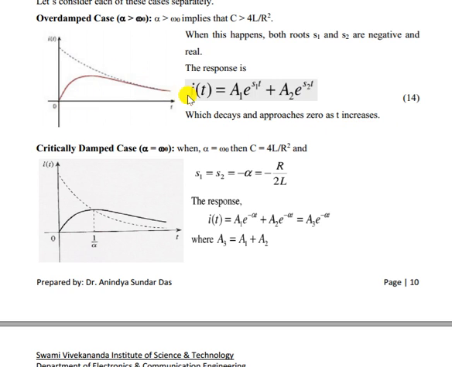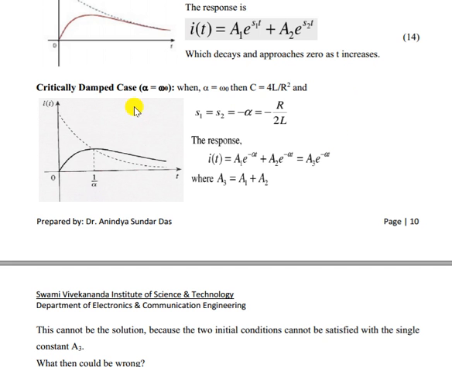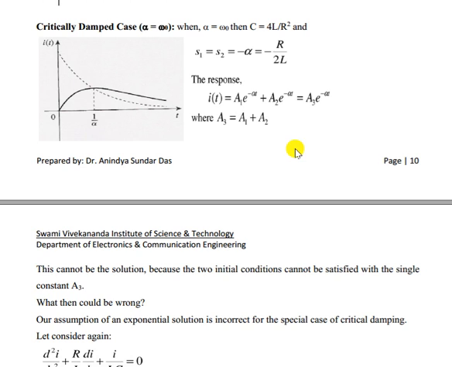When critically damped, alpha equals omega 0, the roots s1 and s2 are equal, that is minus alpha, which is minus R by 2L. The response is a1 e to the power minus alpha t plus a2 e to the power minus alpha t. Both are the same, so we can write a3 e to the power minus alpha t, where a3 is the summation of a1 plus a2.